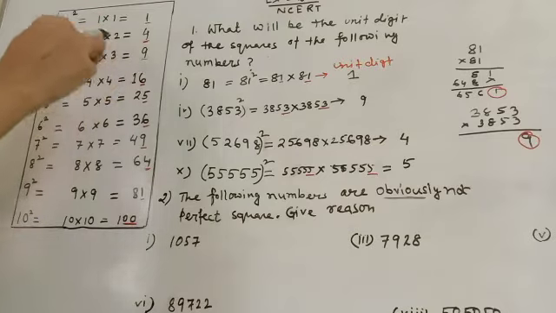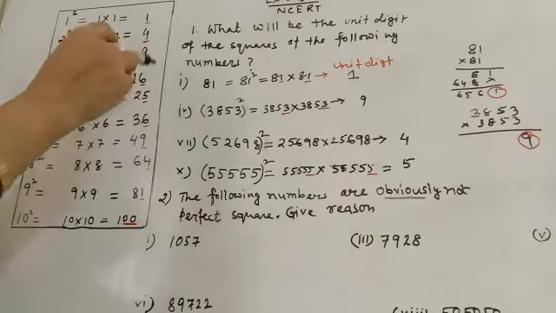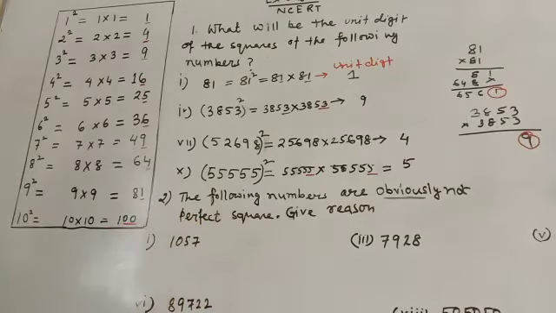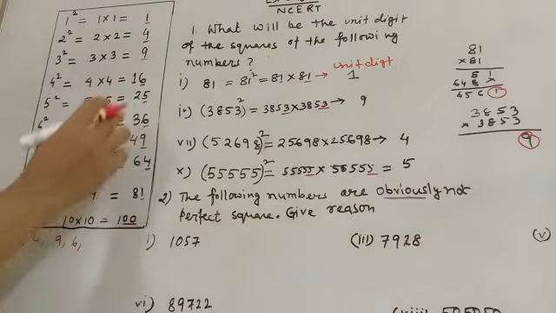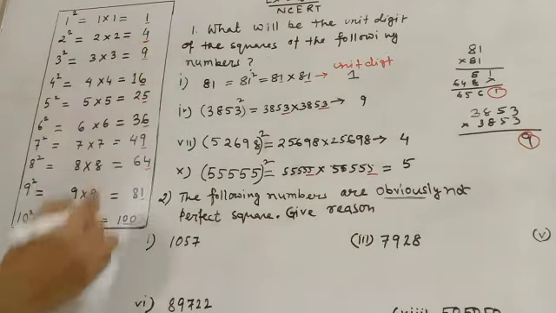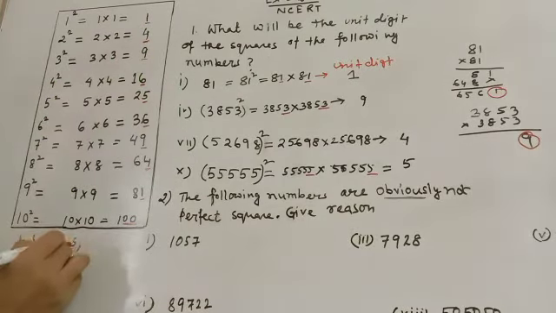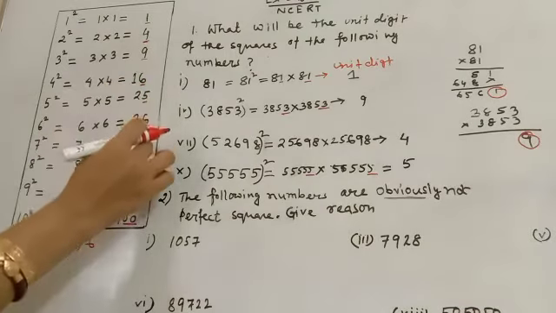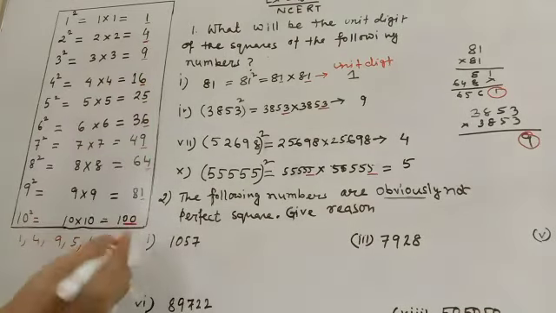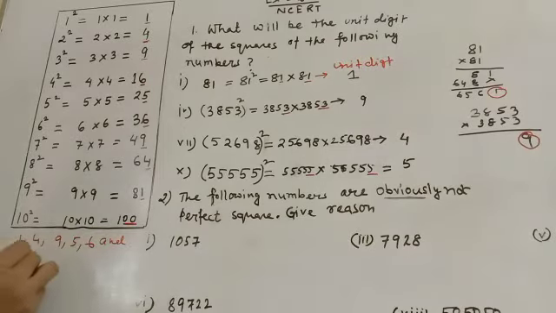We get 1, 4, 9, 6, 5, 6, and even numbers of zeros.